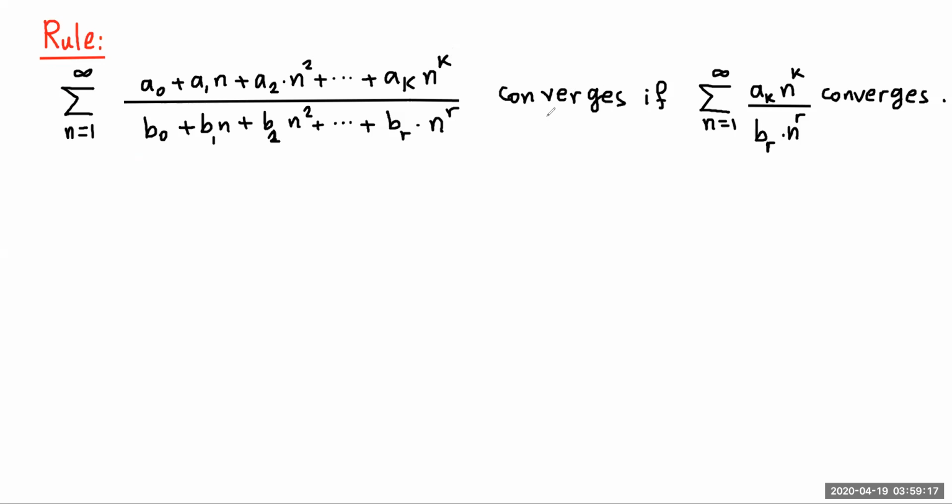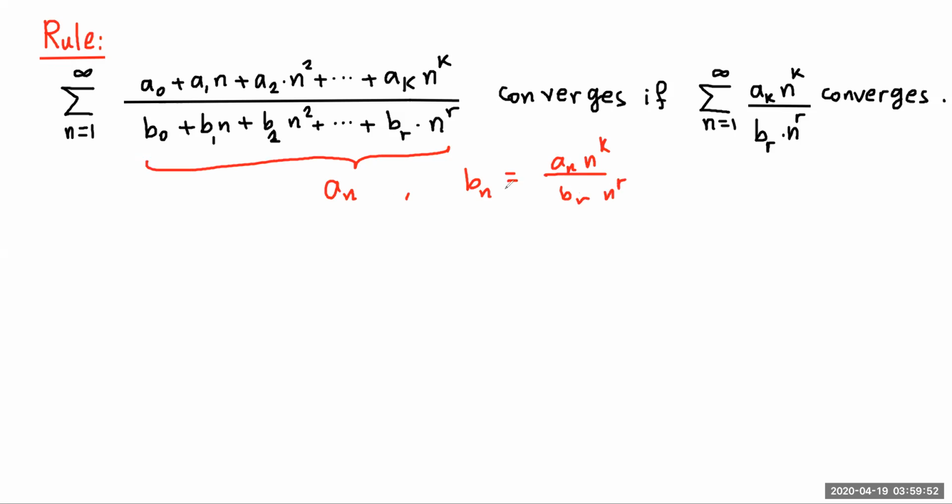So this series, sigma ak n power k over br n power r, converges or diverges as follows. Why? Because if I suppose this term is an, and I define bn as ak n power k over br n power r.